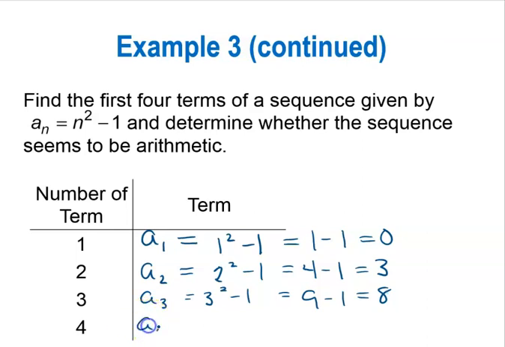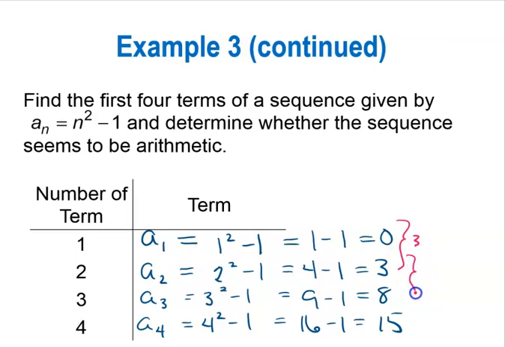And then let's look at our fourth term. A sub 4 is 4 squared minus 1, which is 16 minus 1, which is 15. Now the question is, they want to know, first of all, the term values, 0, 3, 8, 15, and is this arithmetic? Well, the difference between 0 and 3 is 3.